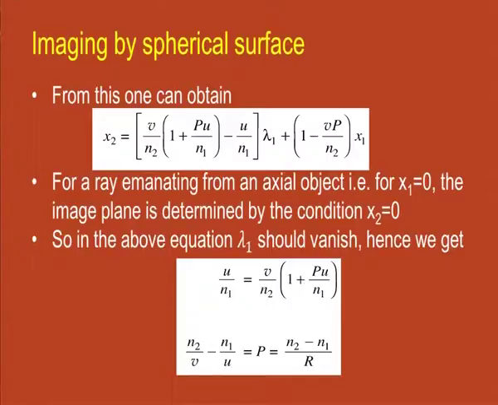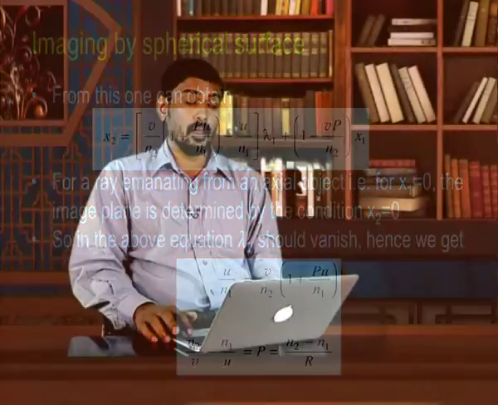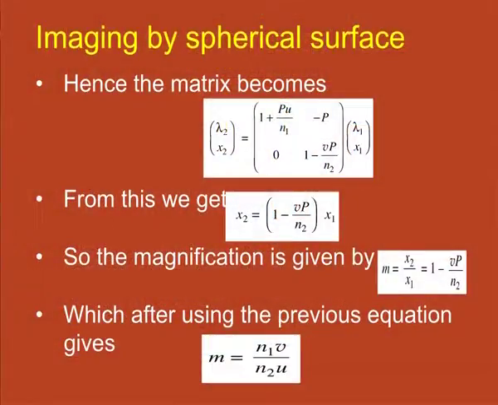So, in the above equation λ1 should vanish, and hence we get the following expression, that is, u/n1 is equal to v/n2 into (1 plus pu/n1), and n2/v minus n1/u is equal to p, and that is equal to (n2 minus n1)/r.